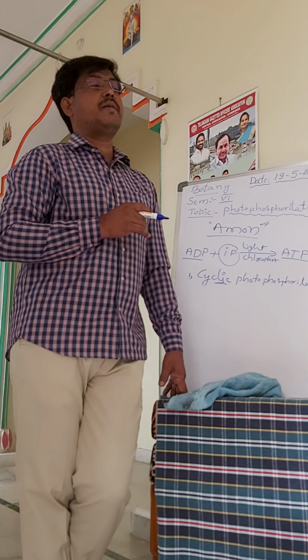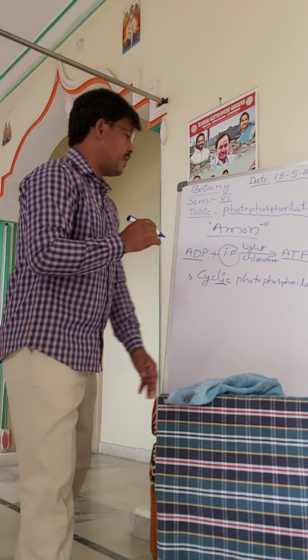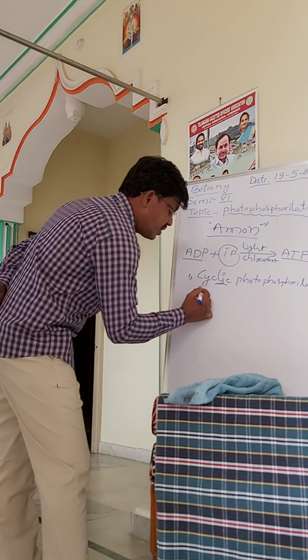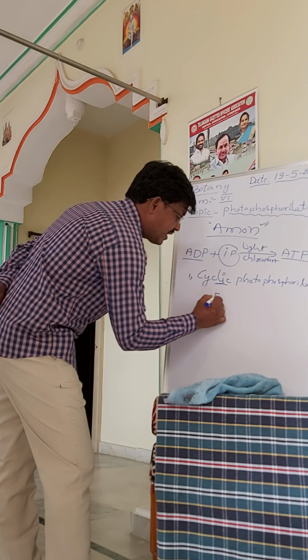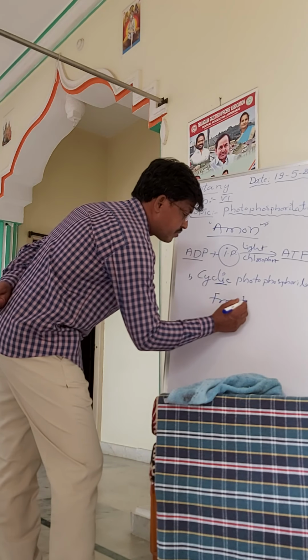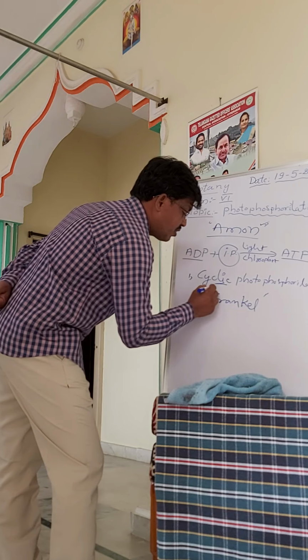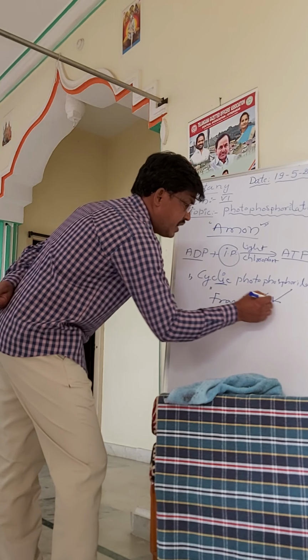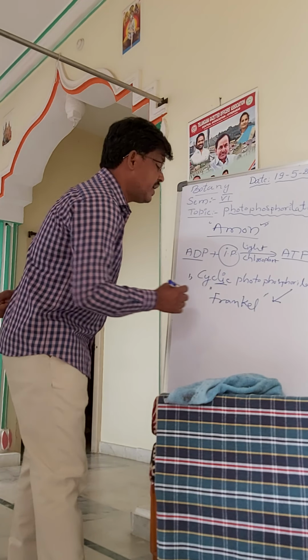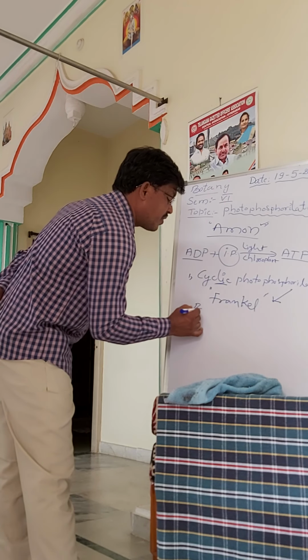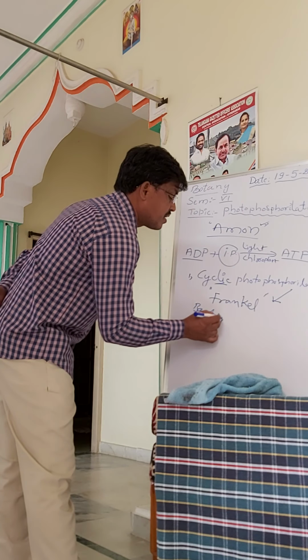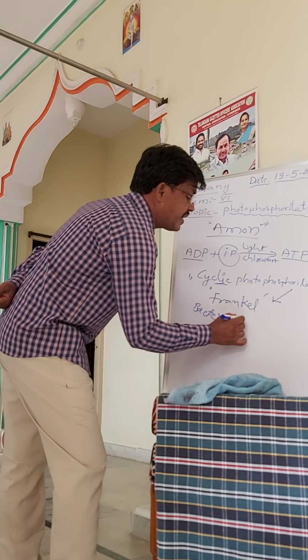This cyclic photophosphorylation was first demonstrated by Frenkel in the bacterium Rhodospirillum rubrum. What is the bacterium? Rhodospirillum rubrum.